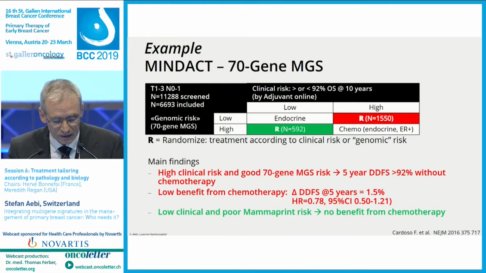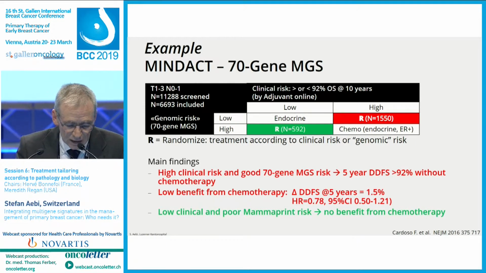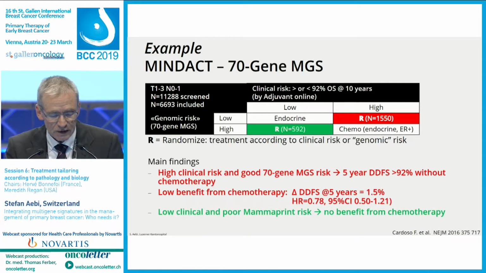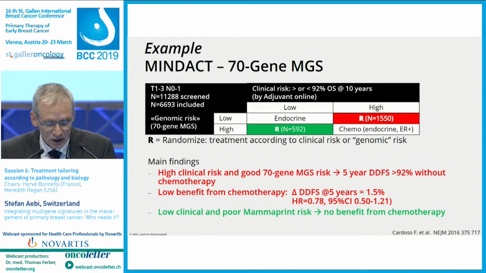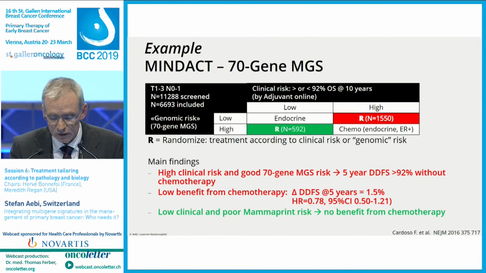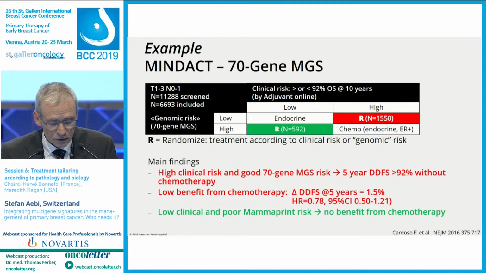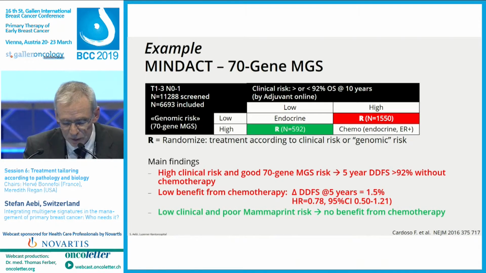And the main findings were that patients with high clinical risk and good 70-gene MGS risk had a 5-year distant disease-free survival of more than 92% without chemotherapy. They had a low benefit from chemotherapy, and the other divergent group, marked here in green with low clinical and poor MammaPrint risk, had no benefit from chemotherapy.